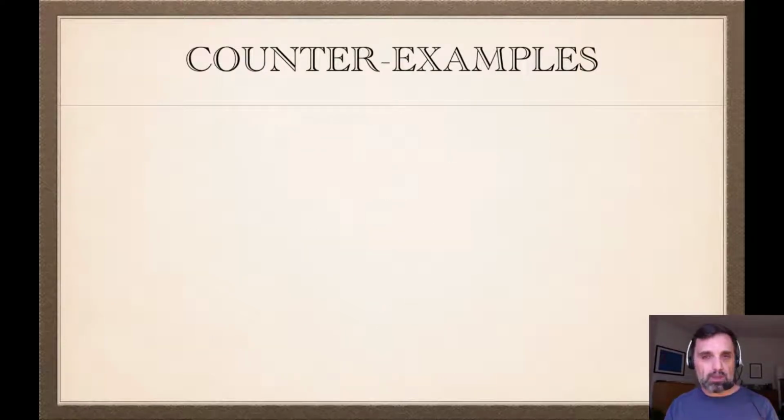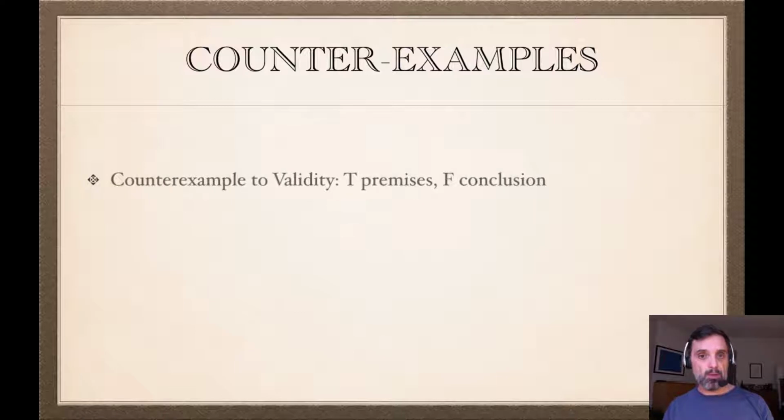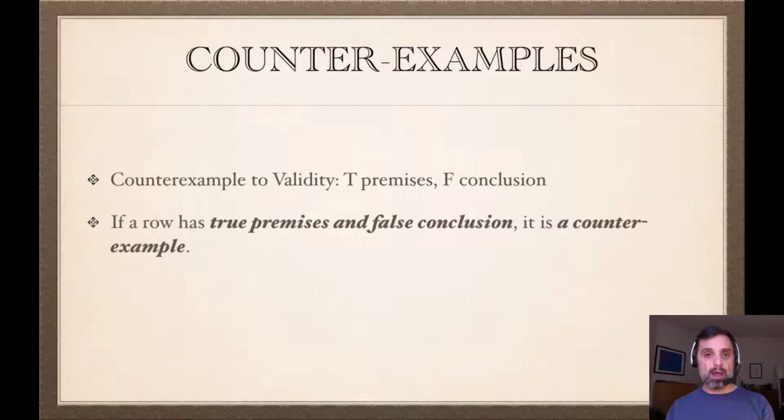So we can think of validity in terms of counterexamples. A counterexample to an argument's validity is a situation where we have true premises and a false conclusion. And so if we find on a row of a truth table that the argument has true premises and a false conclusion in that situation, then we have a counterexample.